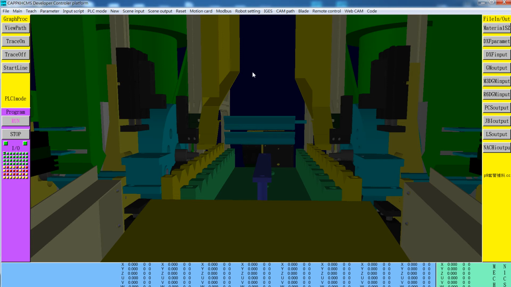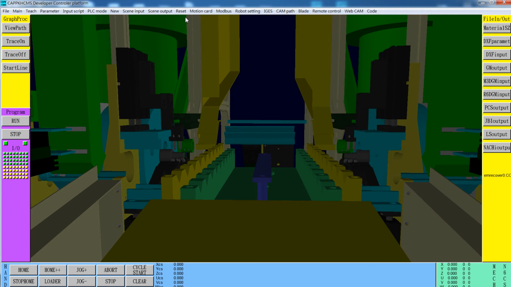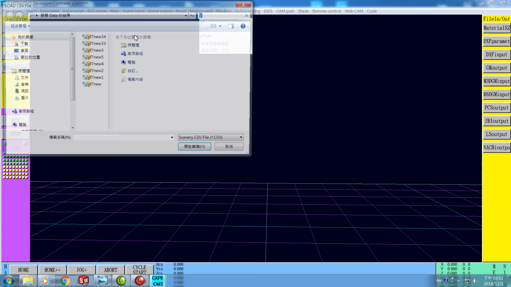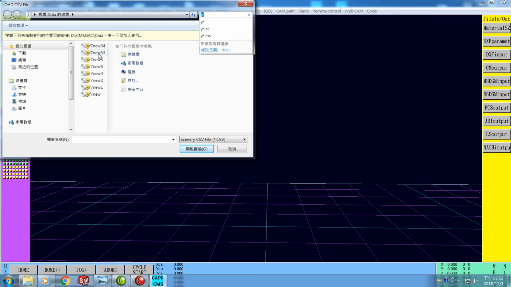Okay, let's show. We reset, let the operation cease, and use new to remove the 3D models, and in the scene input name of the scene to adopt a scene without the fixed parts.